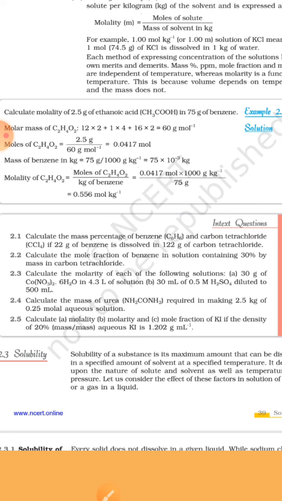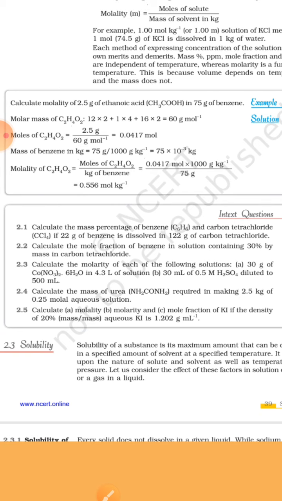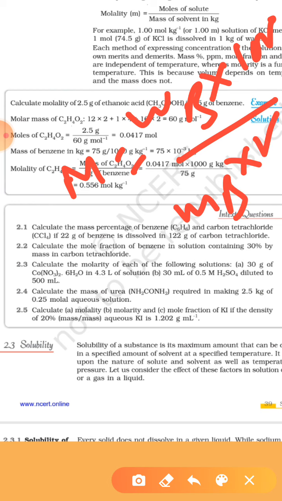Calculate the molarity of each of the following solutions. A: 30 gram of Co(NO3)2, that is cobalt nitrate. The formula is the same as in the previous. Molarity means M equals WB multiplied by 1000 upon MB into V. By this formula we calculate the molarity.